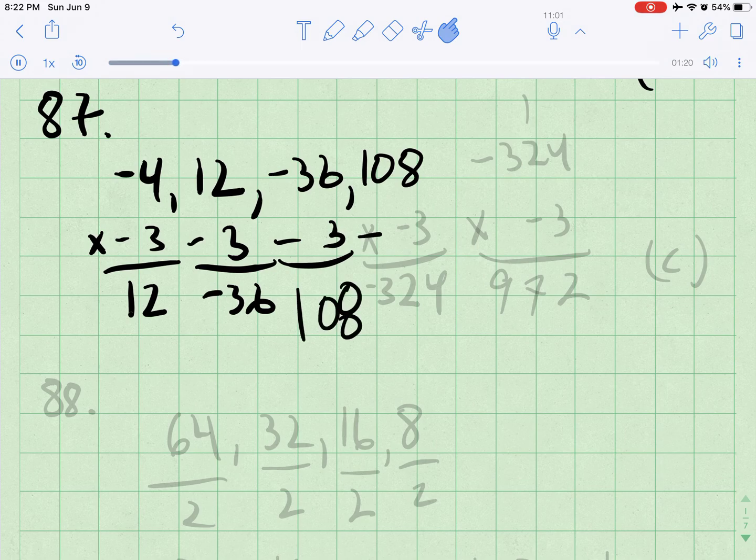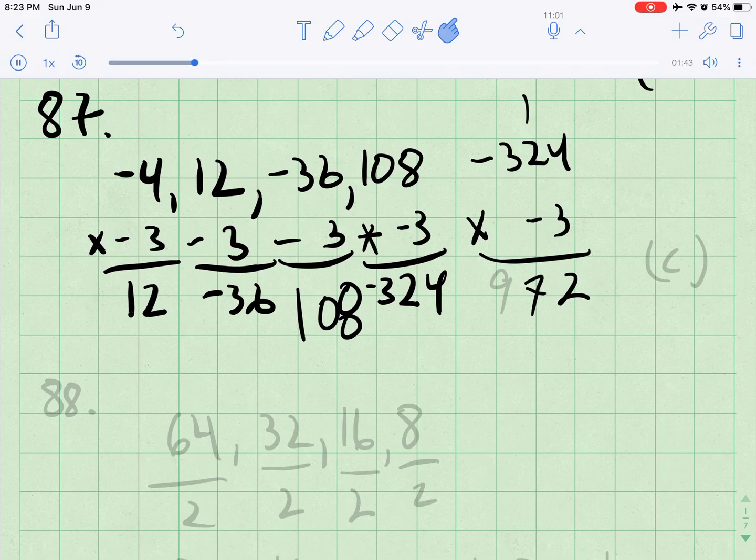So we do that for 3 more. 108 times negative 3 is negative 324. And then let's do that one more time. This is going to be positive 972. So it has to be choice C already, because that's the only one that has that sequence.